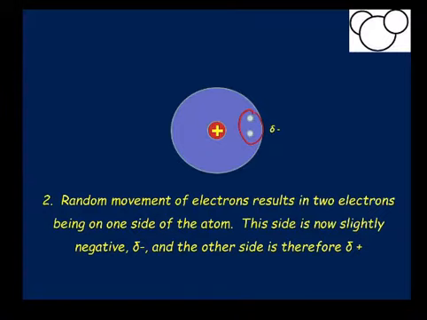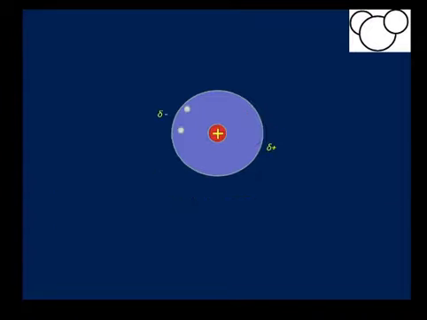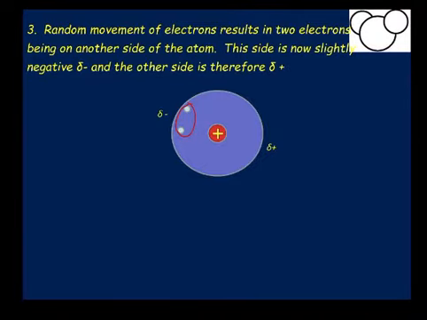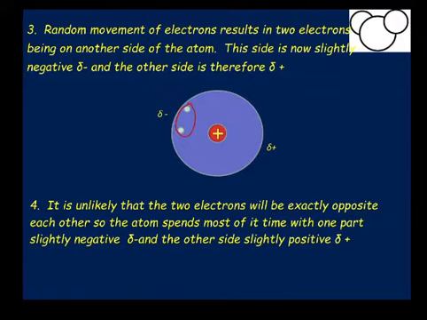So over here will be slightly more negative, and on the left-hand side, it's slightly more positive. And then in the next instance, because the electrons have moved, so too does the dipole. So my electrons are now over here, so this little portion is delta negative, and that's going to keep on changing as the electrons move around.